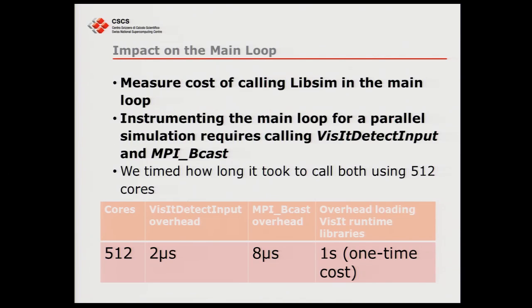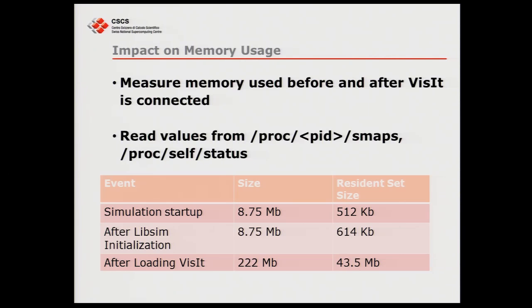What is the cost of it? At every iteration, I check for visit, and what we have measured using 512 processors was the cost was 2 microseconds. I think you can afford that, 2 microseconds. What is the cost in memory?